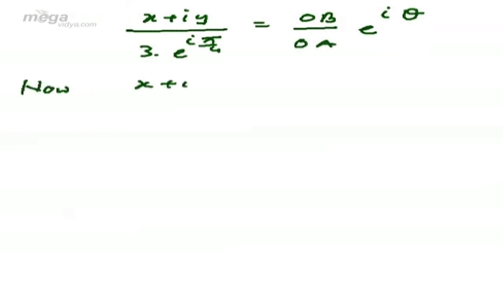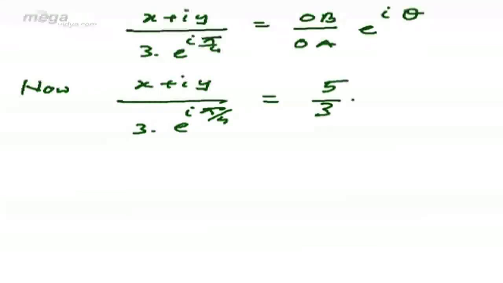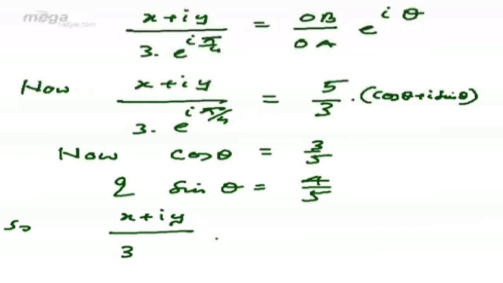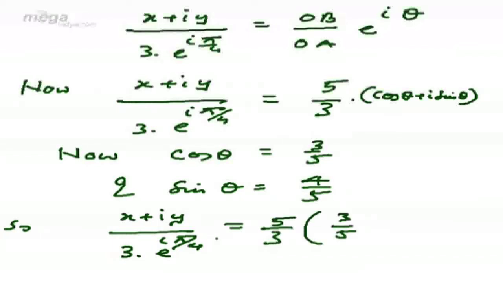Now x plus iy divided by 3 into e to the power i pi by 4 is equal to 5 by 3 into e to the power i theta, which can be written as cos theta plus i sin theta. Now cos theta will be 3 by 5 and sin theta will be 4 by 5. So x plus iy divided by 3 into e to the power i pi by 4 is equal to 5 by 3 into 3 by 5 plus i times 4 by 5.